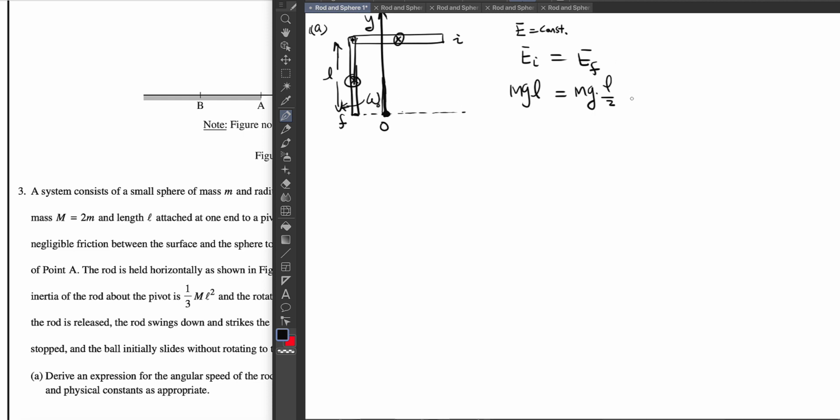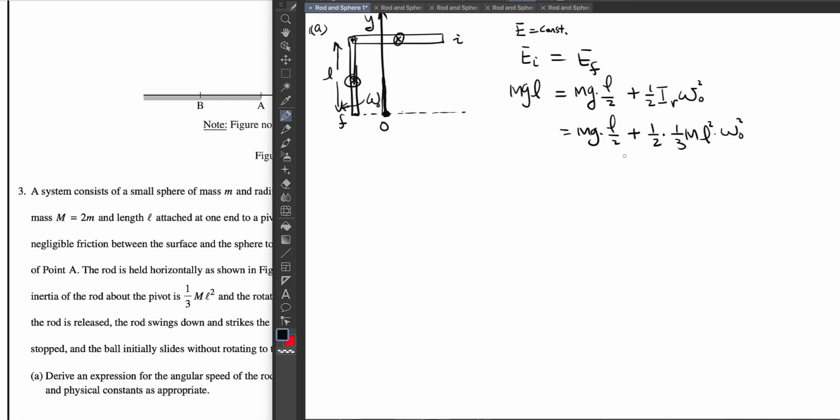Okay, so that's why I can write down 1/2 I rod omega naught squared. So let's substitute in the moment of inertia for the rod, which is 1/3 ML squared.